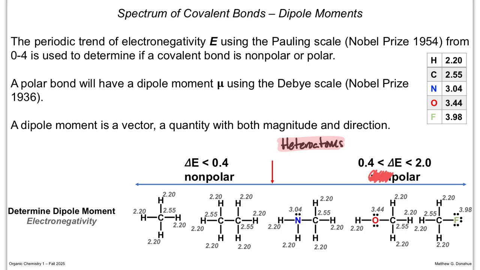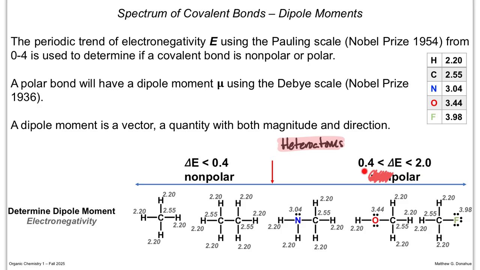So when you're looking at a bond and the change in that electronegativity value, if it's less than 0.4, then we say that the bond's nonpolar, and then you have to add all that up and ultimately determine whether the molecule itself is polar.